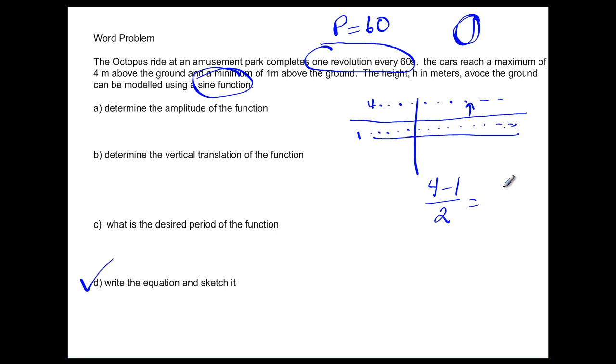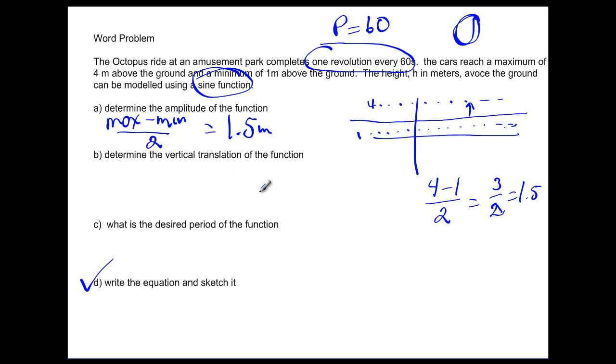This should give us the amplitude. So 3 divided by 2 is 1.5. So the amplitude is found by taking the max minus the min, dividing by 2. And in this particular case, it's 1.5 meters.